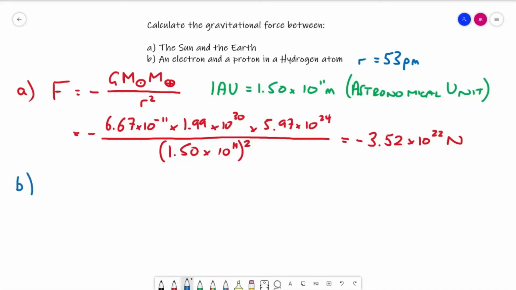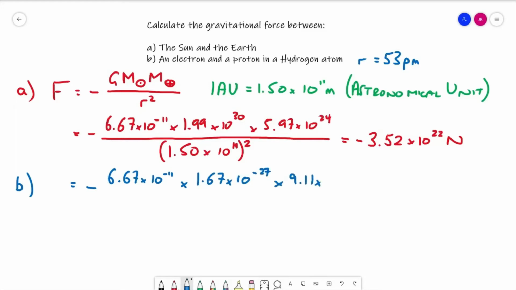For B then, exactly the same. We'll just start to chuck the numbers in. We won't bother writing the equation again. So 6.67 times 10 to the minus 11. The mass of the proton is 1.67 times 10 to the minus 27 kilograms.